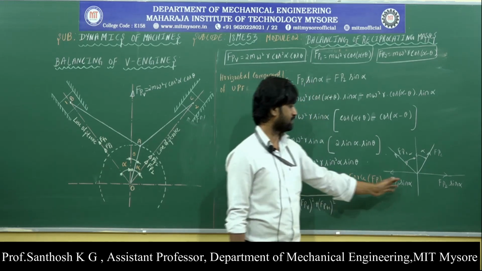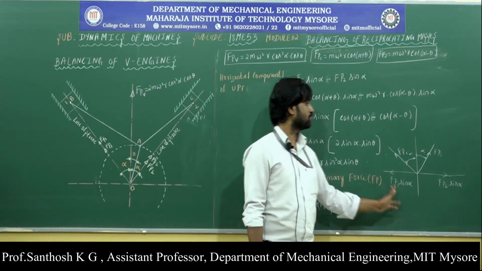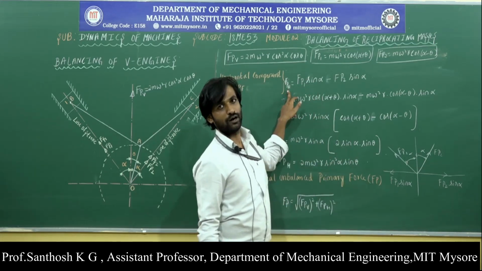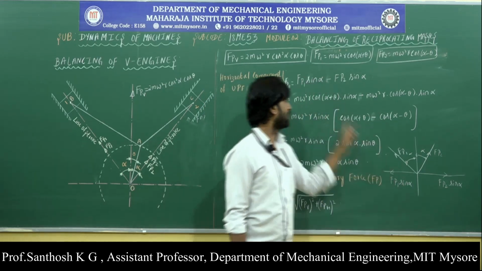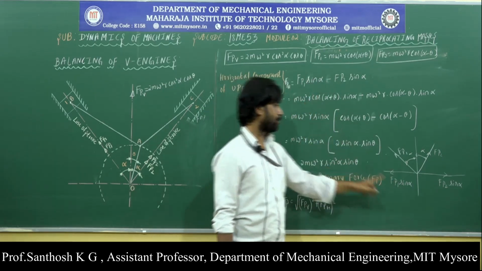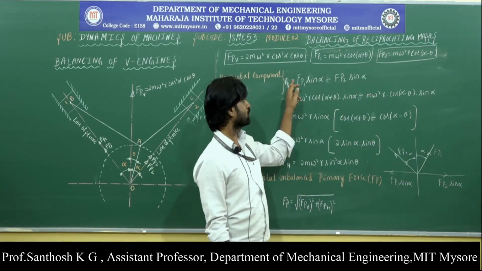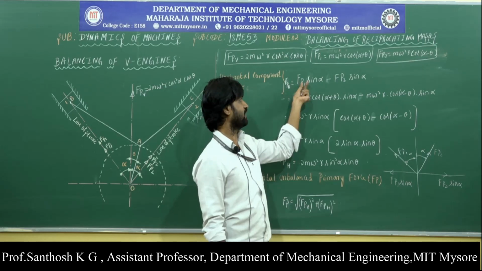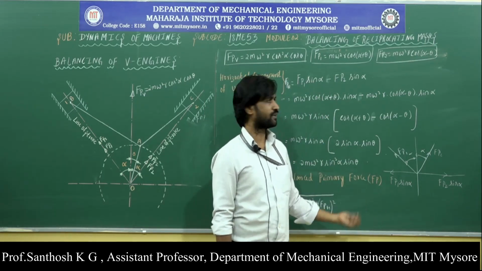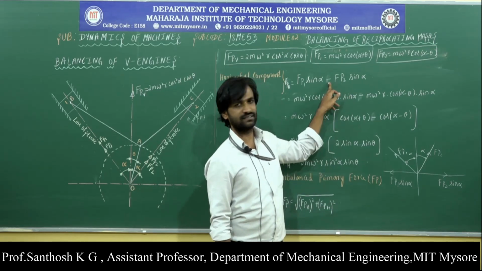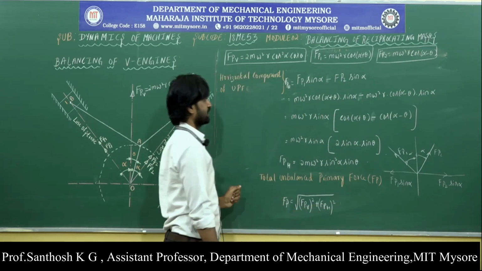Suppose I consider the left horizontal force as positive, then the total horizontal force will be equal to plus Fp1 sin alpha minus Fp2 into sin of alpha. So the plus sign indicates that the force is acting towards the left, and the minus sign indicates that the force is acting towards the right.